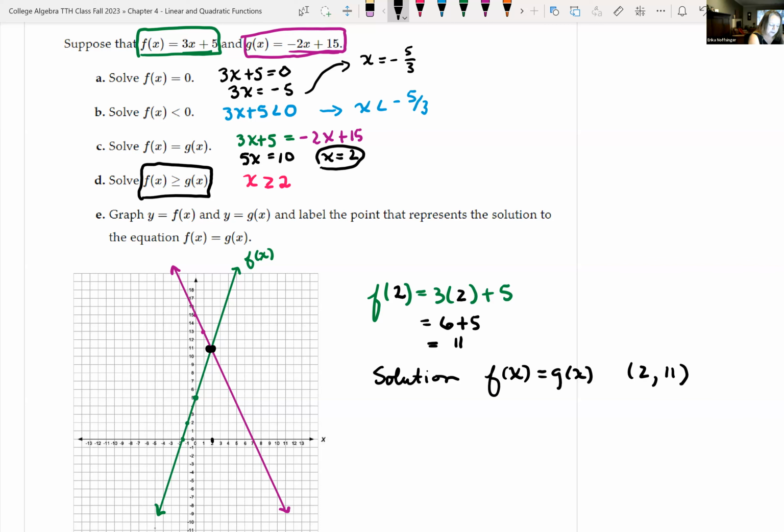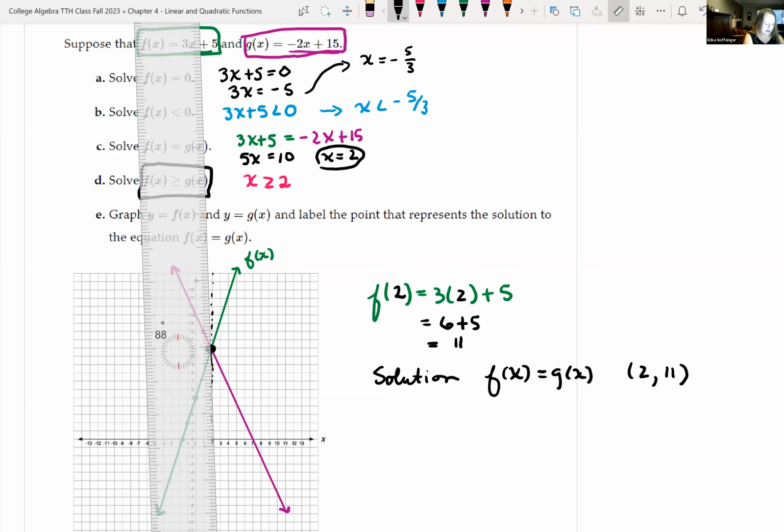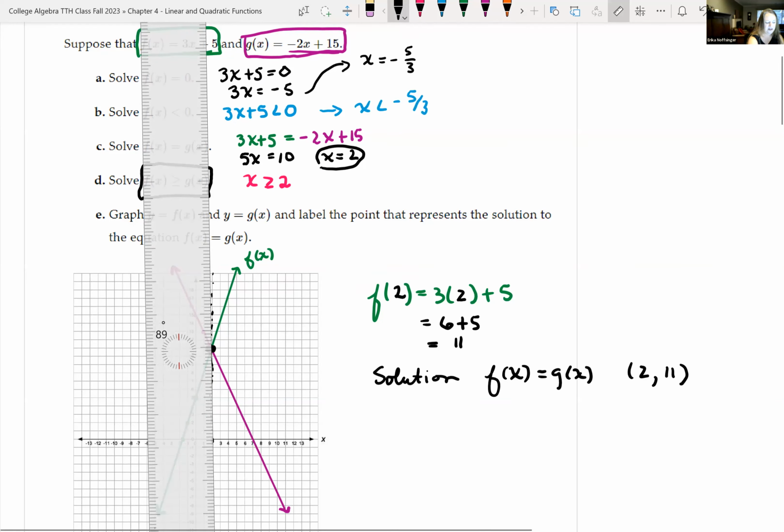So if we go up here, everything to the right of x equals 2, notice that the green line for my graph of f of x is higher than the purplish magenta line that is below, as x is bigger than or equal to 2.